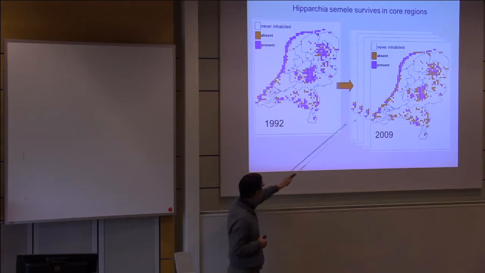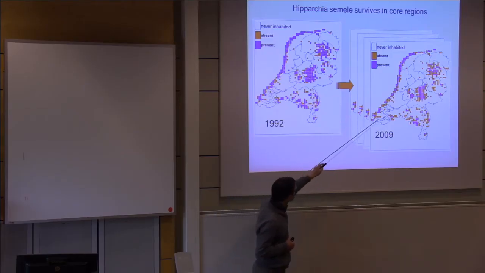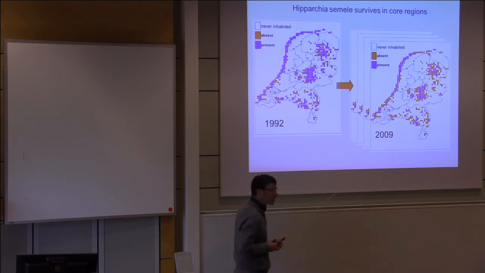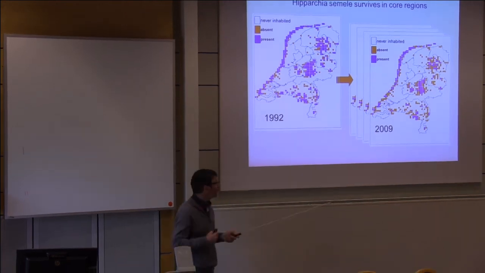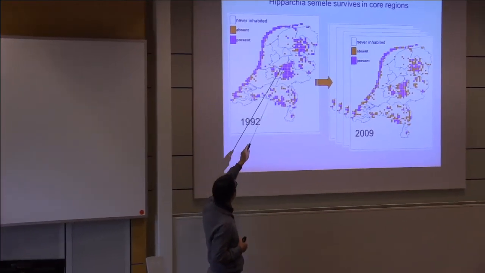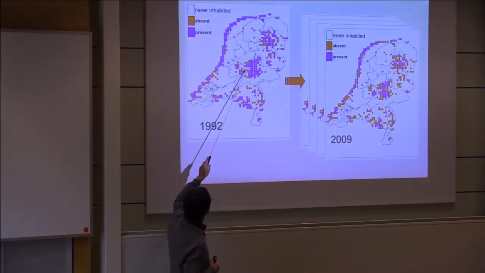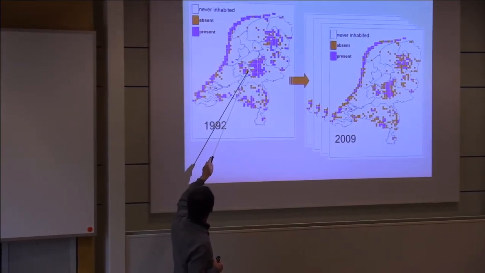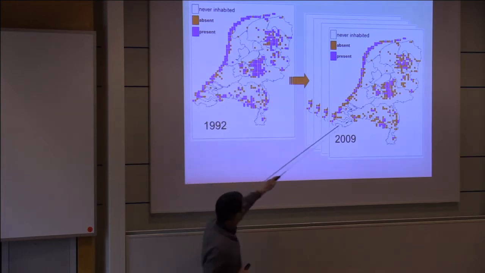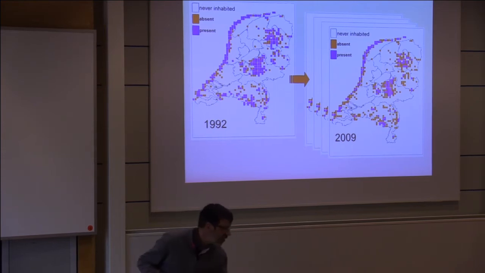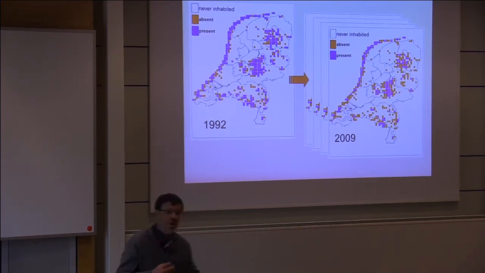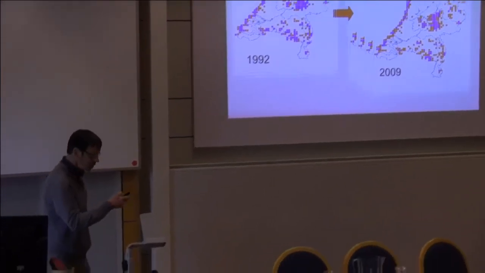What you could see over the years is that they contracted towards more core areas. You see here, this is blue. Here is an important area for this species. In 2002, it was much more widespread here than here. So you can always see the fragmentation problems going on from year to year.